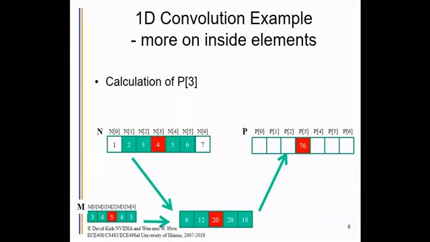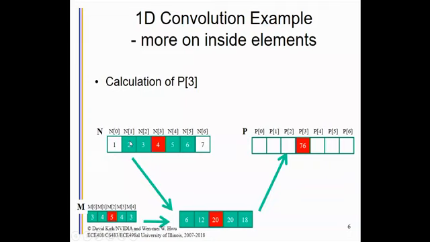If you look at the generation of P2 and P3, the usage of the mask is exactly the same. For the first step in generating P2, we multiply M0 with N0. And the first step of generating P3 is to multiply M0, also M0, but with N1.